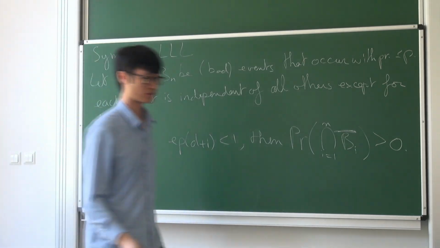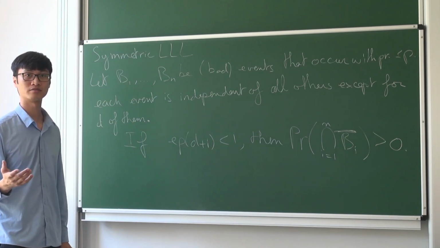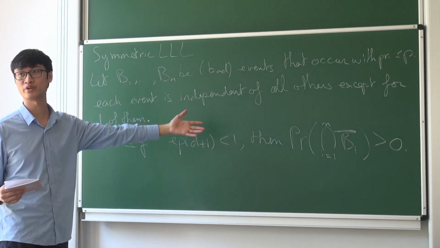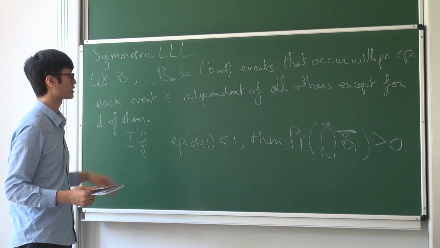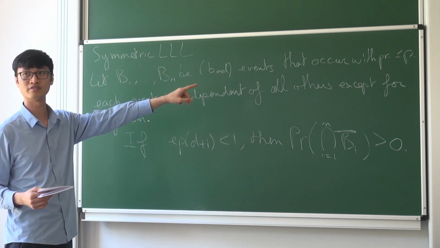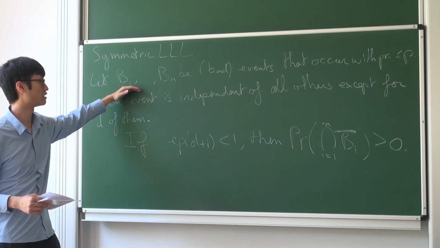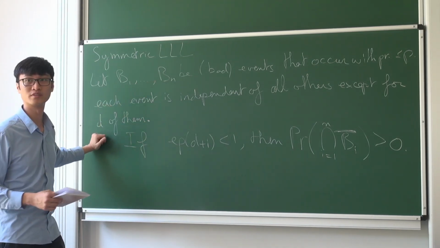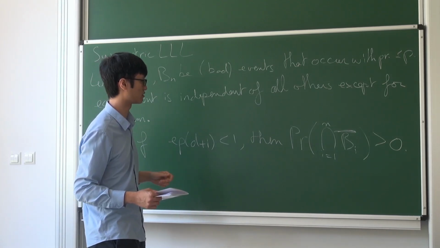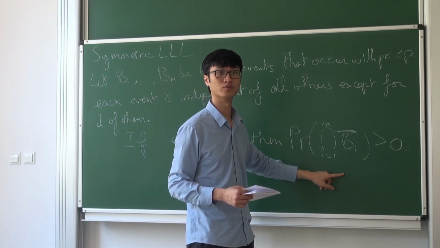So how do you use this sort of thing? You can think about it like, I want to produce some colorings on my graph, and I made some random choices. The bad event is just that I don't produce correct colorings. And if I can do two things, bound the probability of such bad events and also their dependency, then, if all these are independent and none of them occur with probability 1, you can just use this independence hypothesis to conclude that I can avoid all of them with non-zero probability.